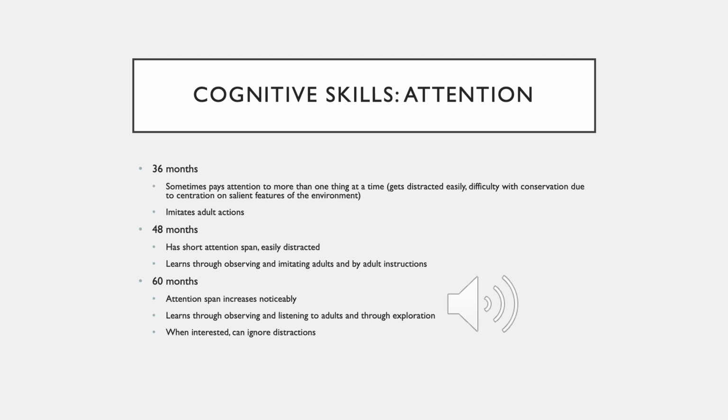And now at age 5, we see that there are significant increases in attention span, and children are much more able to focus, and they don't get distracted as easily by multiple stimuli going on in their environment. They can pay attention to multiple types of information coming in at the same time.